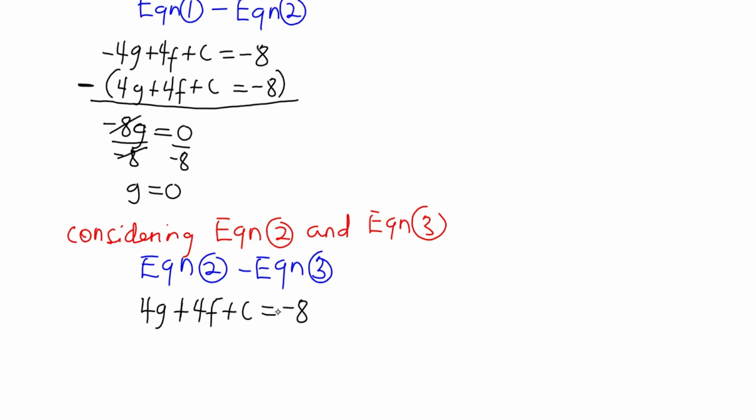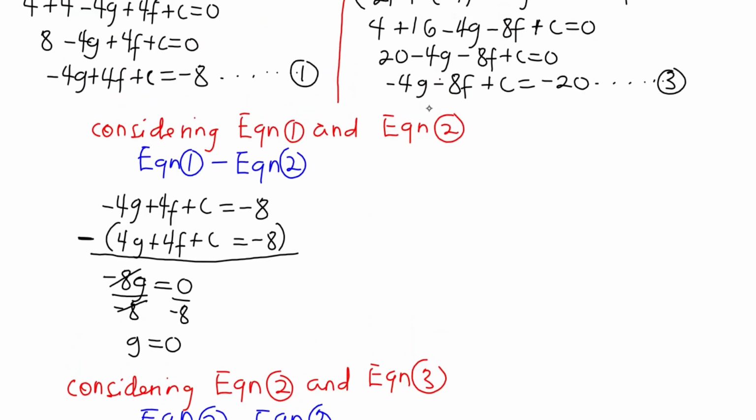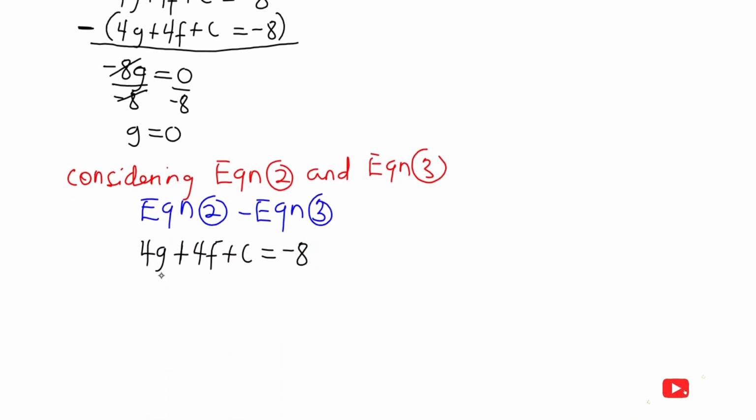And here you also have equation 3. From what we said, it is minus 4g minus 8f plus c is equal to minus 20. So we write it here. That is minus 4g and then minus 8f plus c is equal to minus 20.